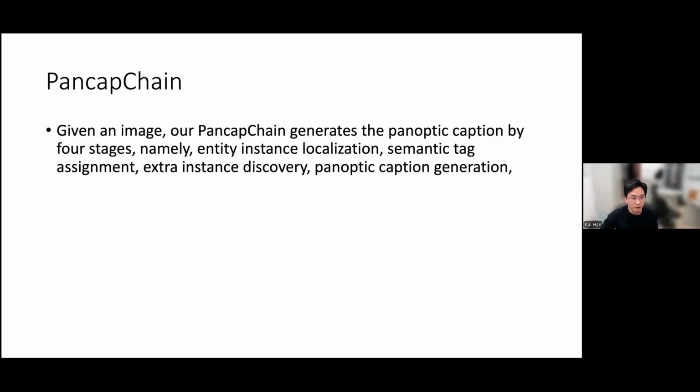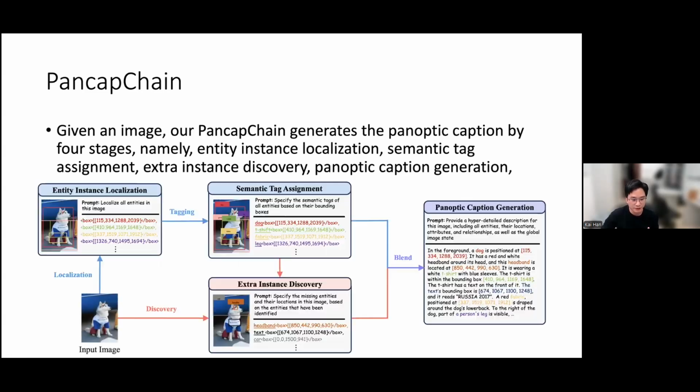Then we come to our PanCap chain, and we use it to generate the panoptic caption in 4 stages. We first capture the class agnostic object locations. We localize all the entities in the image regardless of their categories. We try to get as many boxes, as many objects as possible.